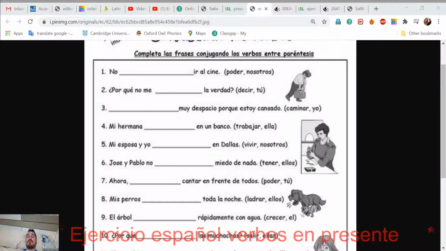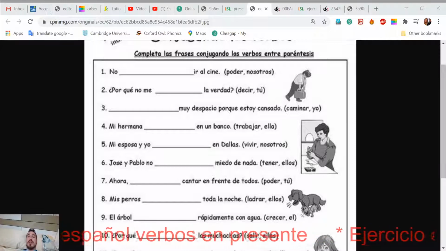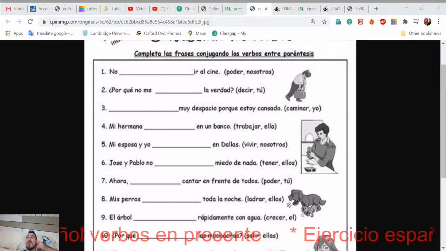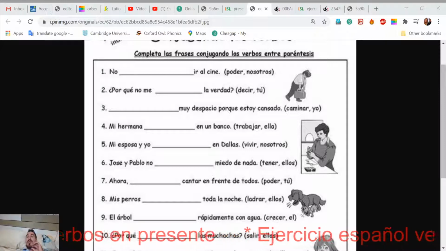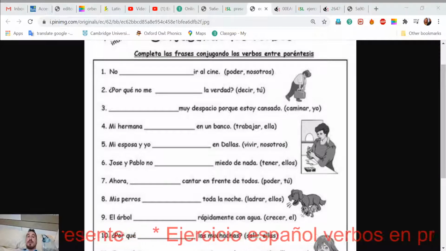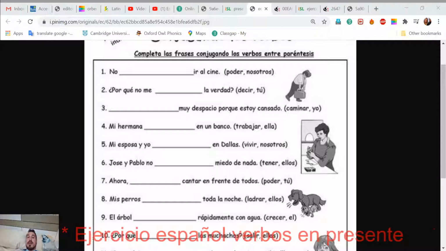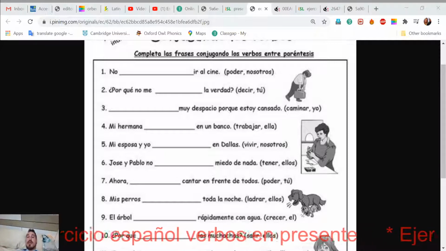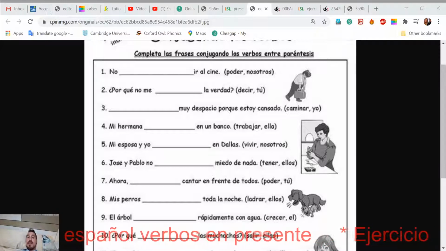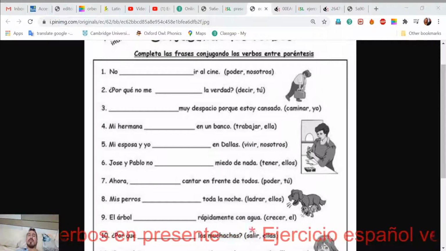Literally of nothing. And yes, for some expressions we use tener, where in English you would expect to use the verb to be. So, for example, we say tener miedo, tener años, tener sueño, tener hambre. There are a few more expressions like this.